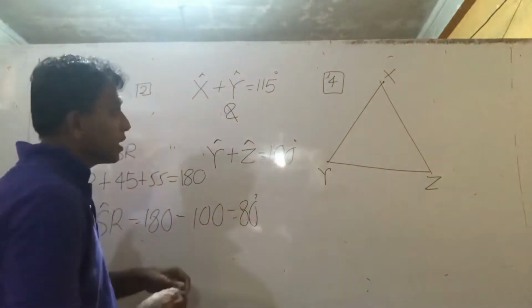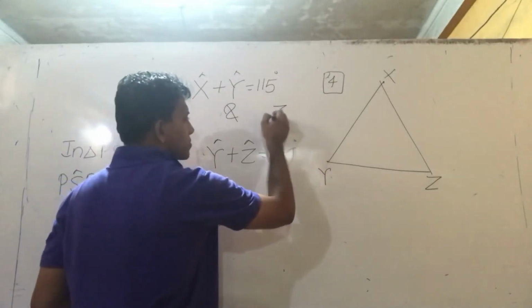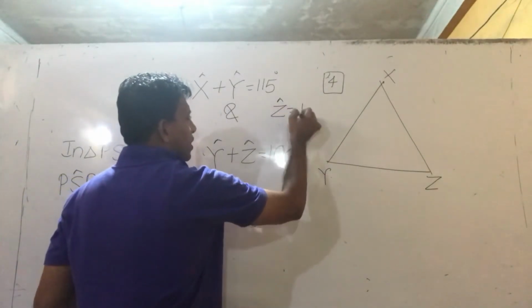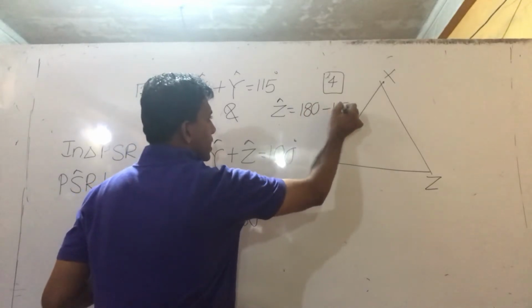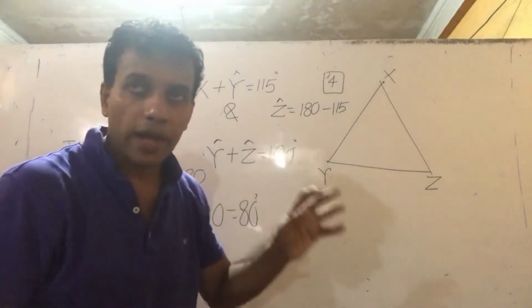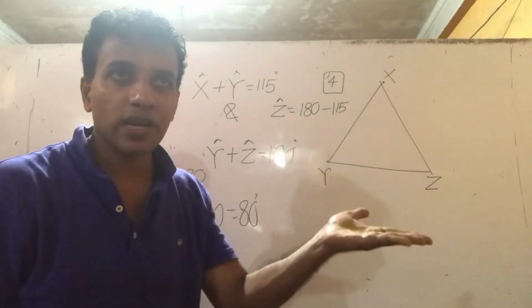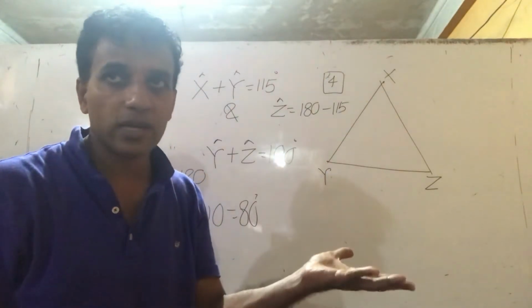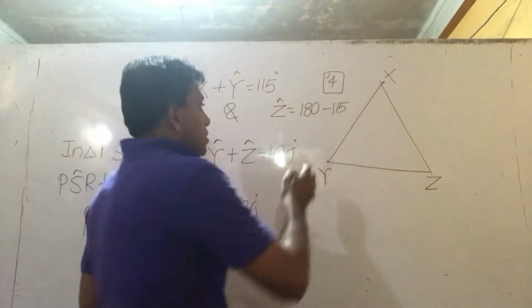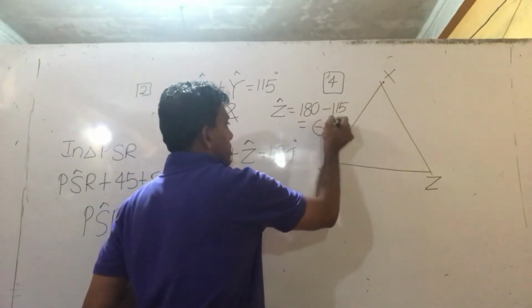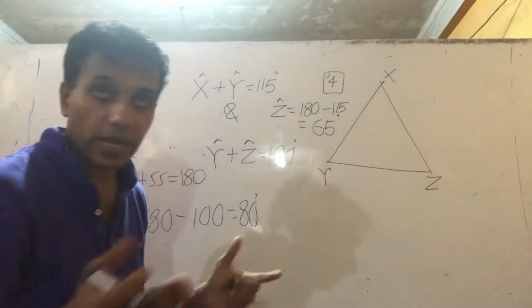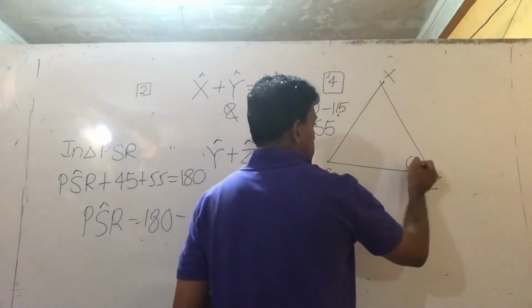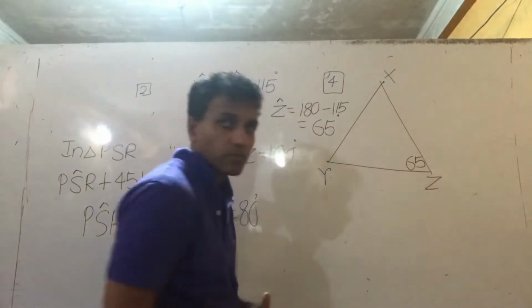Therefore third angle is Z equal to what? 180 minus 115, is it? If you know two angles, you can tell that, that's a grade 8 work or grade 7 method, that is. Okay. Z equal 65 degrees. Okay, Z equal 65 degrees.